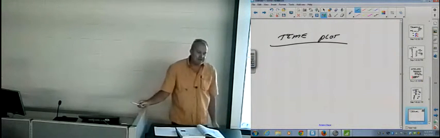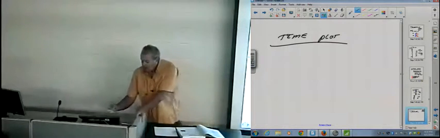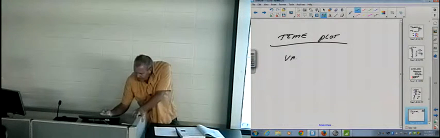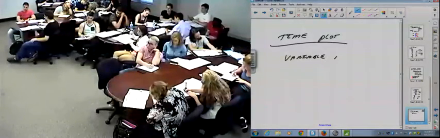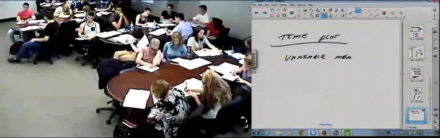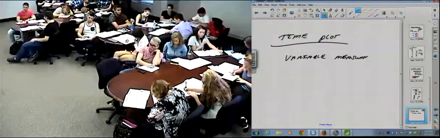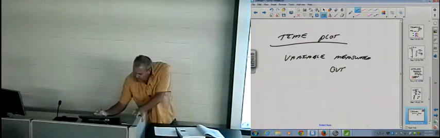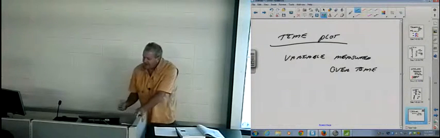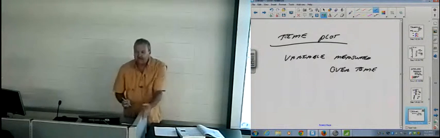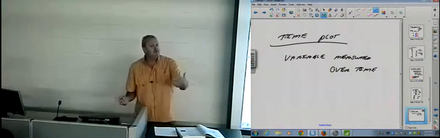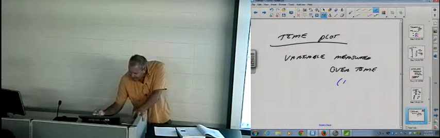And what we have is a variable measured over time. And I'm going to put it like this. When I say measured over time, your variable is usually measured over time periods.